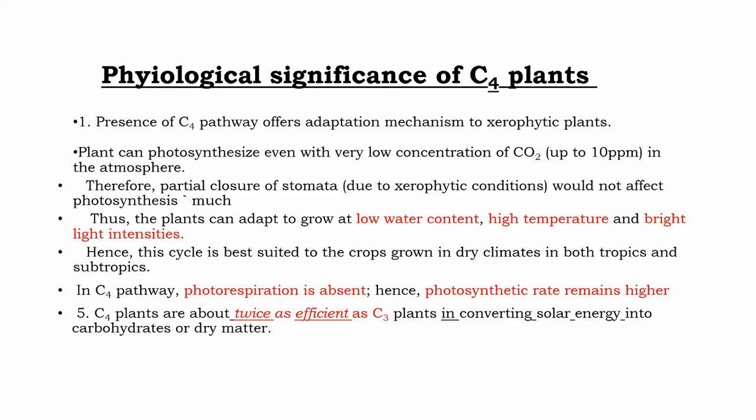C4 plants can produce photosynthesis even with very little CO2, forming C4 assimilates such as aspartate. Therefore, even with partial closure of stomata under xerophytic conditions, where the availability of water is almost less, I told you, physiological dryness, even though water is available in some plants, the xerophytic plants are surviving because of the C4 pathway they have.